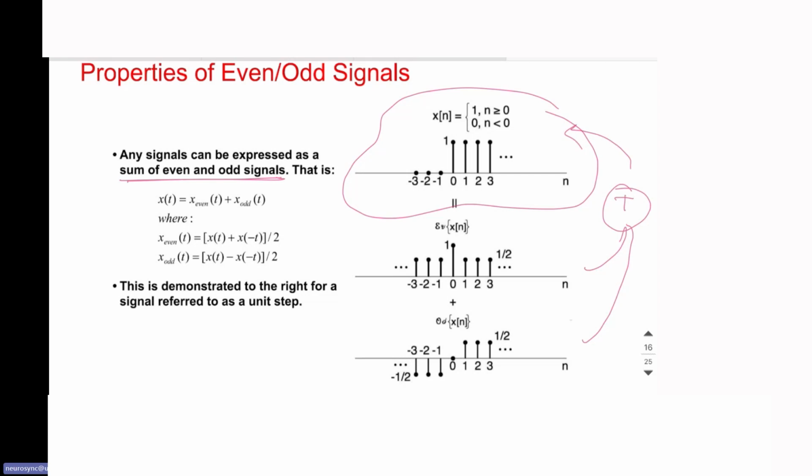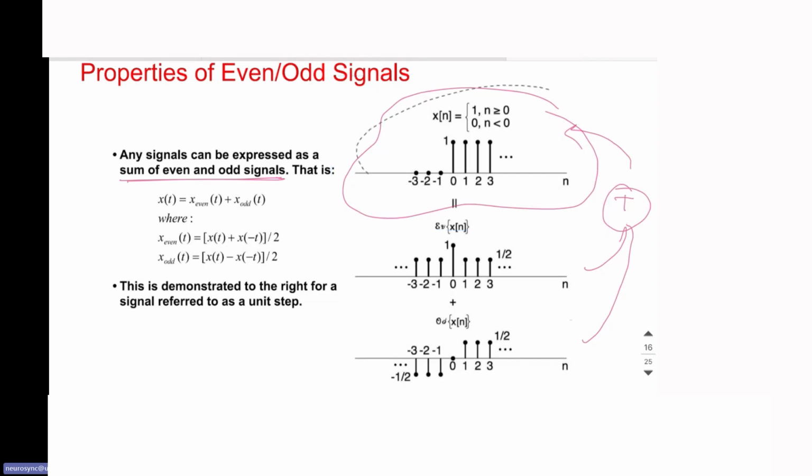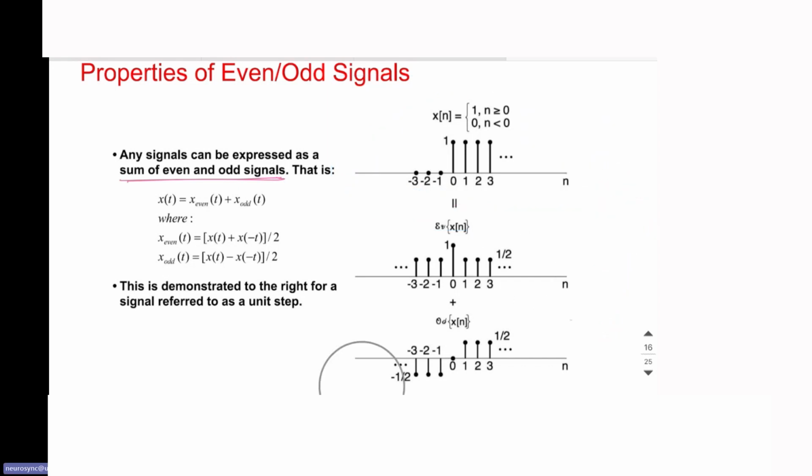Now here you can see, by looking at the signal itself, this is the even signal, and by looking at this signal, you can say that this is the odd signal. Okay, and if you add both these signals, even and odd, you will get the final signal.